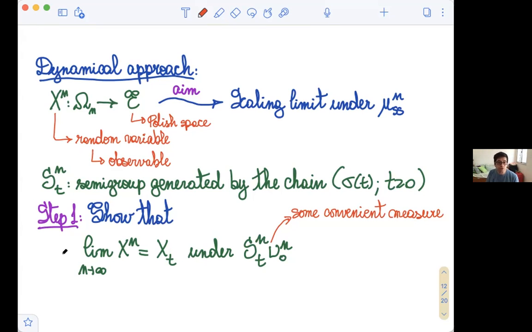Okay, so the first thing that you do is that you try to prove this thing here. Whatever observable you're using as your description of your stationary state, or the state of the system in general, you prove a limit for it. This is something you may or may not be able to do.